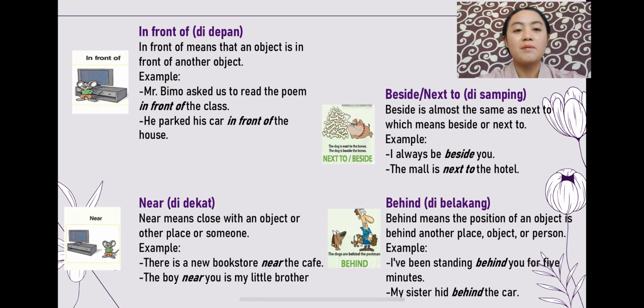Number 10, behind. Behind means the position of an object is behind another place, object, or person. Example, I have been standing behind you for 5 minutes. Number 2, my sister hid behind the car.